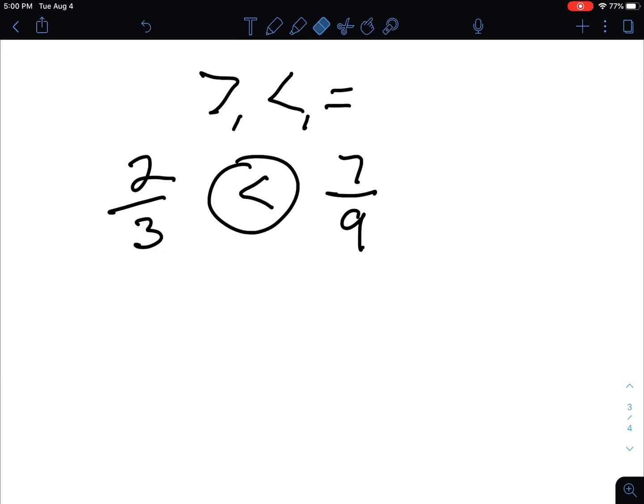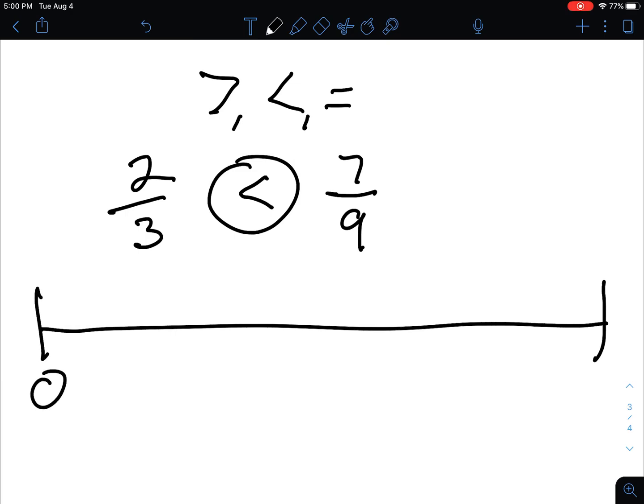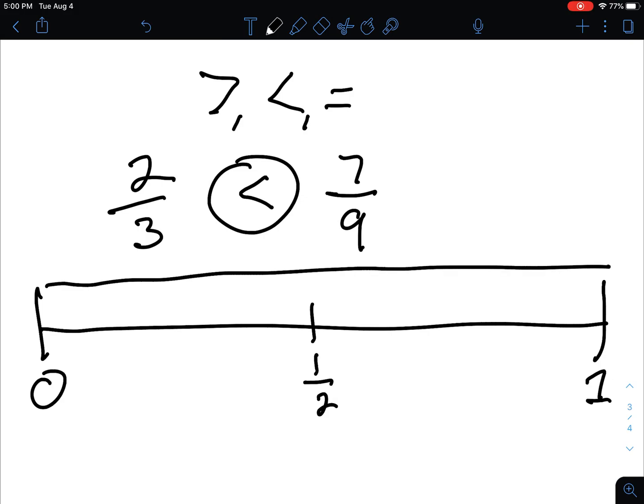If you tried a number line, it will look like this. Remember, our number lines are always going to be between 0 and 1 when we're dealing with fractions. You want to put in your midpoint. So 2/3, I'm dividing this into 3 equal sections. So 2/3 would be about here. It's going to be a close one with the number line.